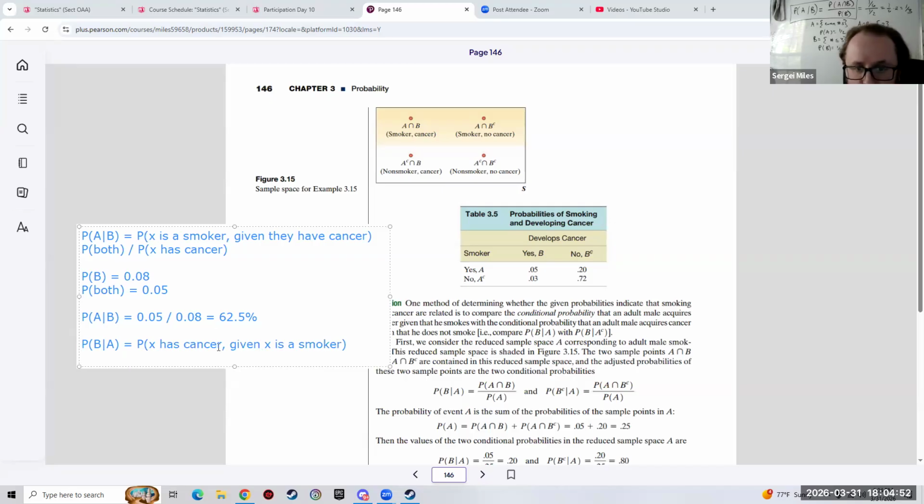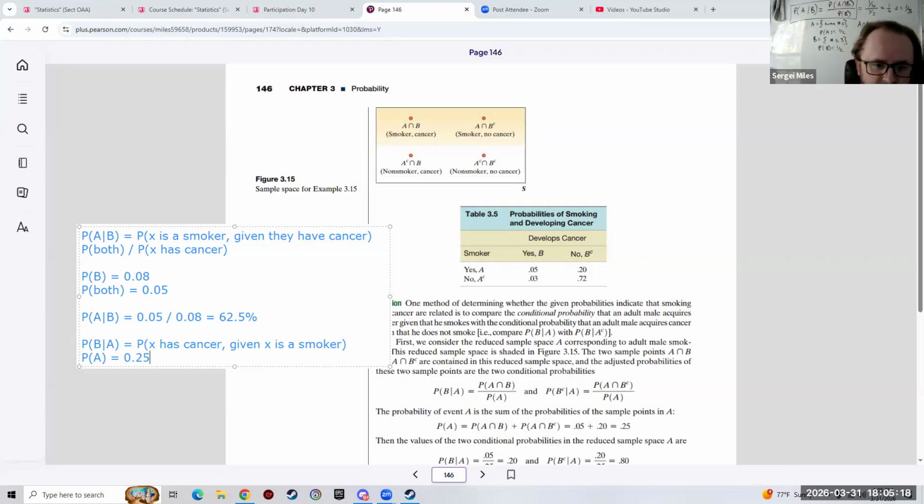So now my denominator, if I'm conditioning on A, I need the probability of A. Well, the probability of A, if someone is a smoker, in this survey, there are two different ways to be a smoker. You could be a smoker with cancer, or you could be a smoker without cancer. Adding them together, then, there is a total of 0.25 chance that someone is a smoker in this survey.